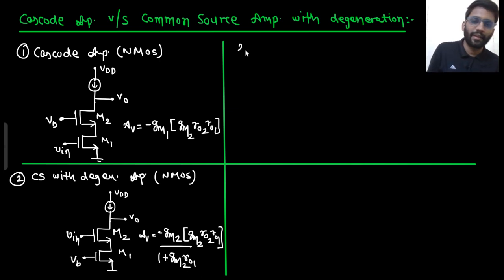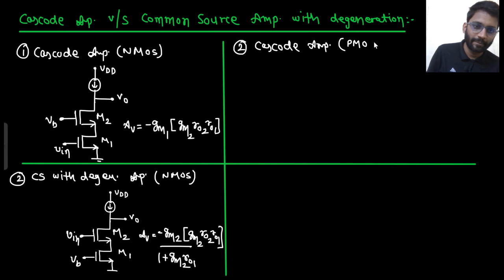And same cascode amp using PMOS. So this is VDD.